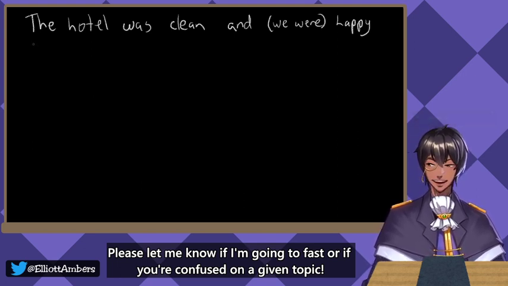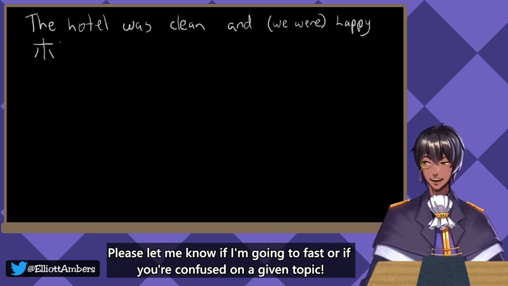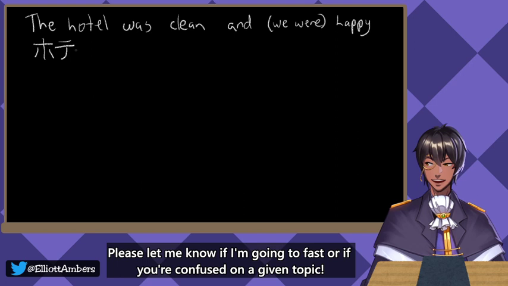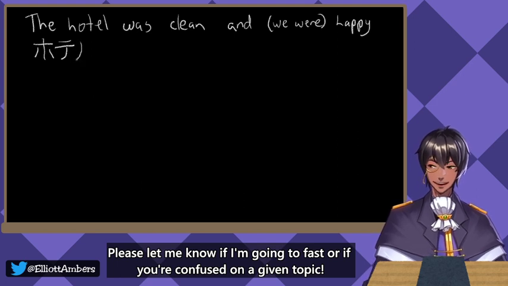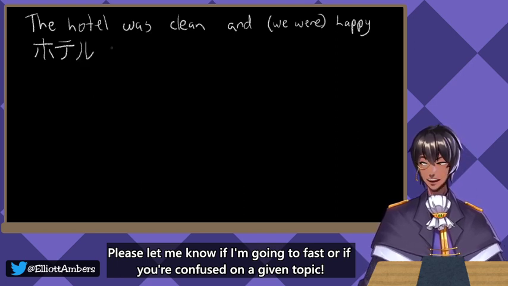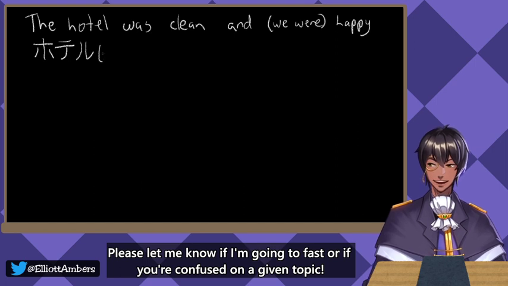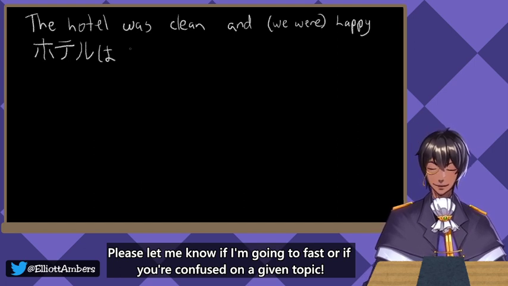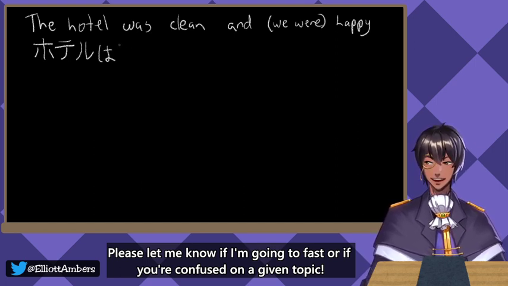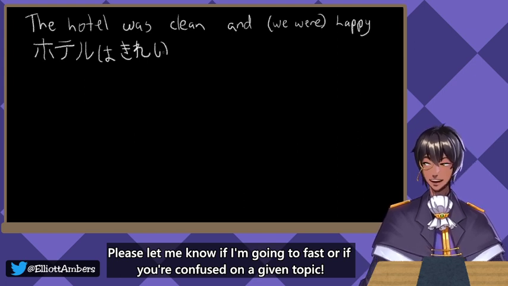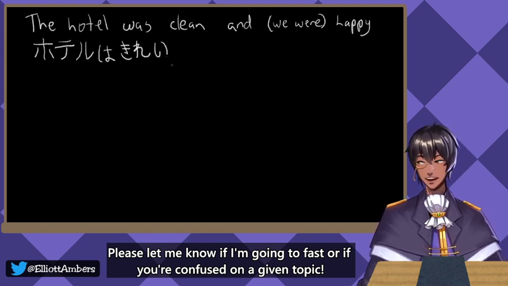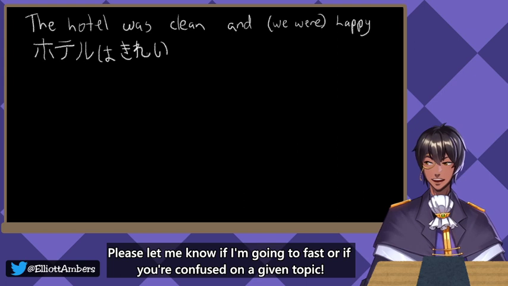Let's say the Japanese word for hotel is hoteru. Very simple. Hoteru wa. The word for clean or pretty is kirei. And kirei is a na adjective, so it'd be hoteru wa kirei de.